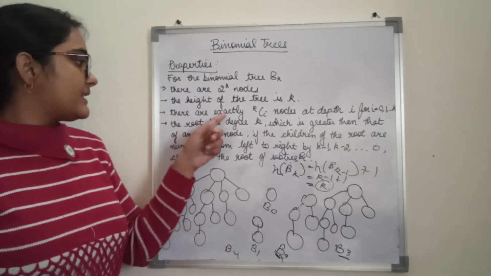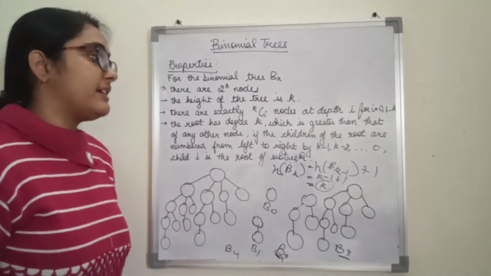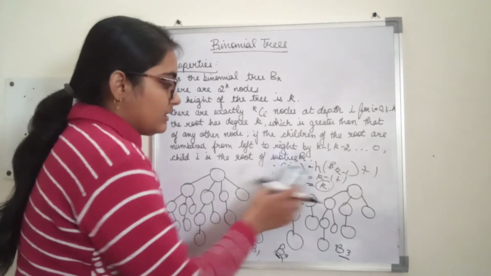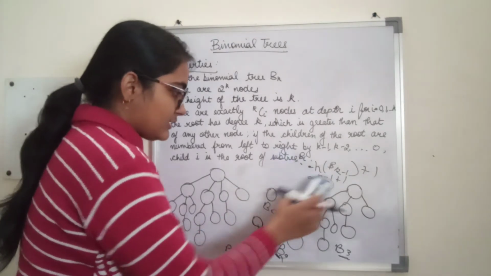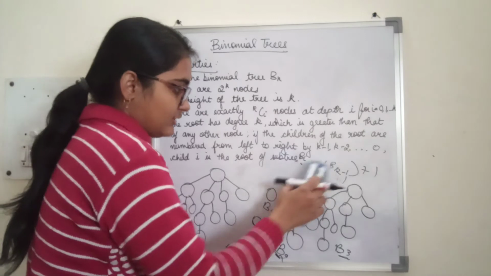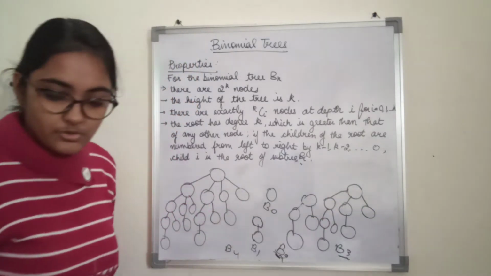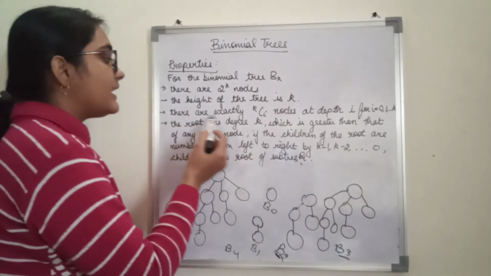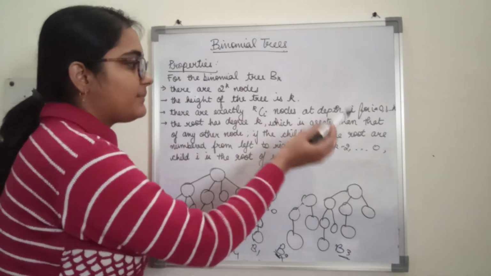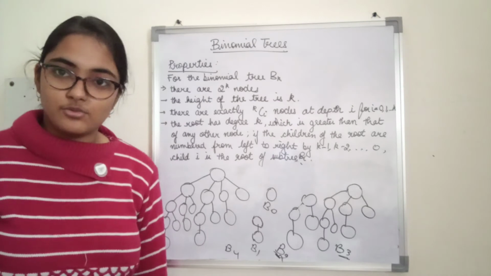The next property is that there are exactly k C i nodes at depth i for i is equal to 0 to k. This you need to understand a little carefully. It says exactly k C i nodes at depth i for i is equal to 0, 1, and so on up to k.